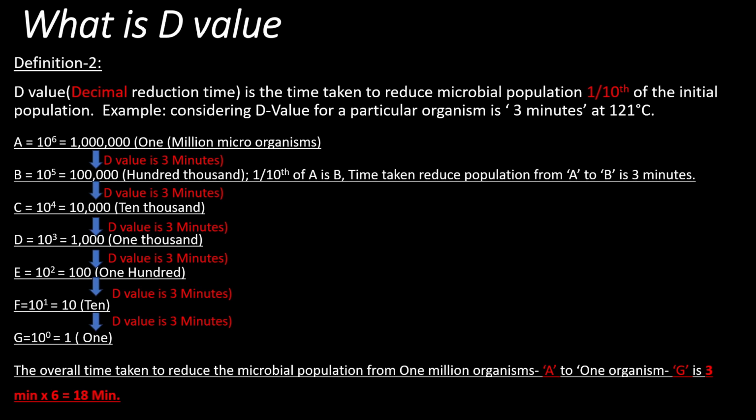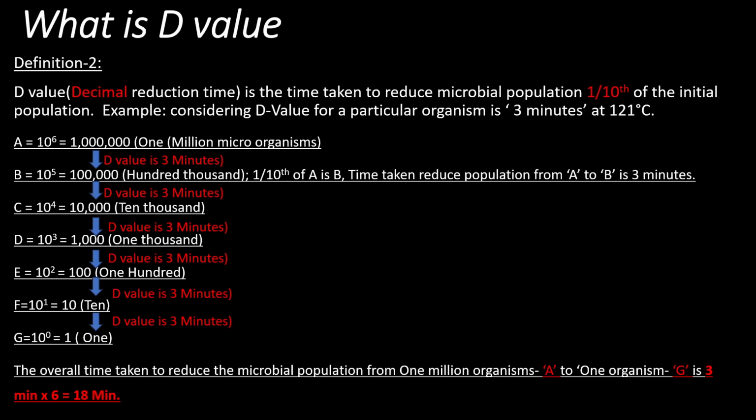It took 3 minutes to reduce the microbial population from A to B, and another 3 minutes to reduce from B to C, which is 10 to the power of 5 to 10 to the power of 4, and 3 minutes to reduce from 10 to the power of 4 to 10 to the power of 3, another 3 minutes to reduce from 10 to the power of 3 to 10 to the power of 2, which is 100, and another 3 minutes to reduce from 100 to 10.